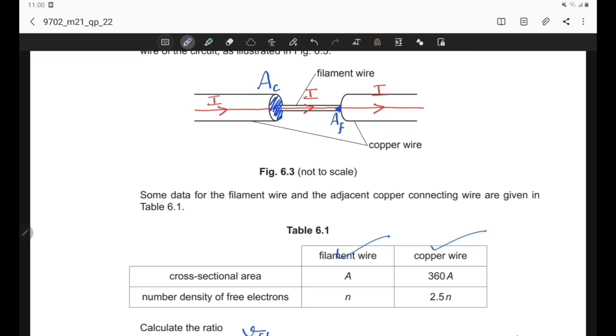Number density is the number of free electrons available in that metal, which varies with the metal. So the number density will be NC for copper and NF for the filament lamp. And in the equation there is E, which is the charge of electron, which is constant and the same value in both filament wire and copper wire.